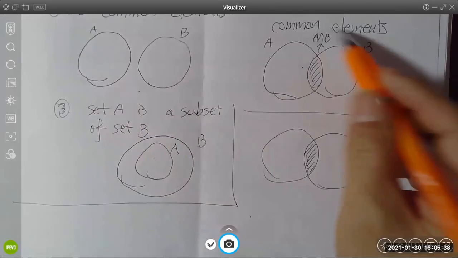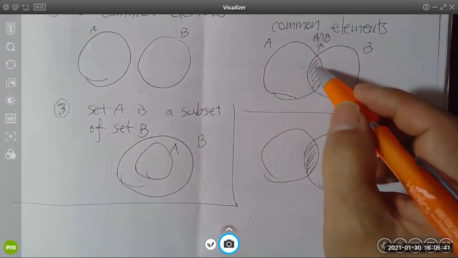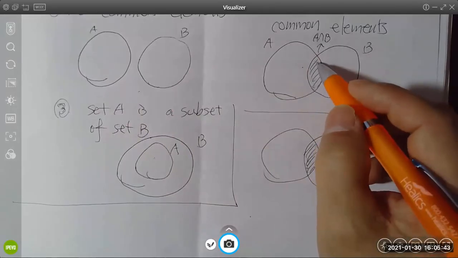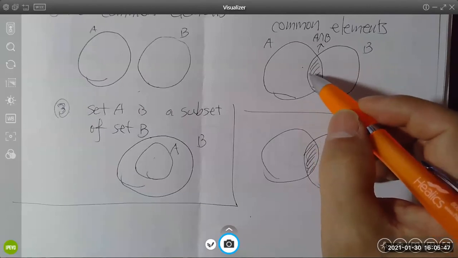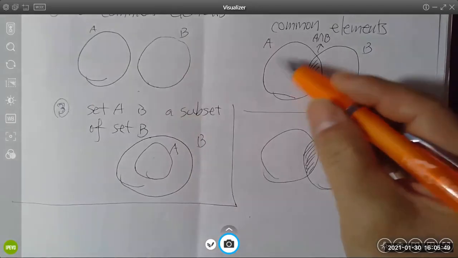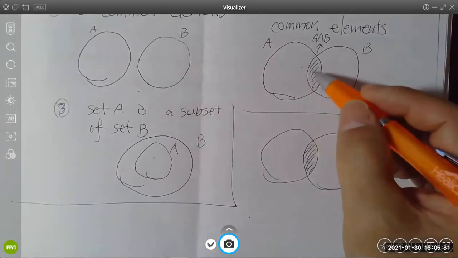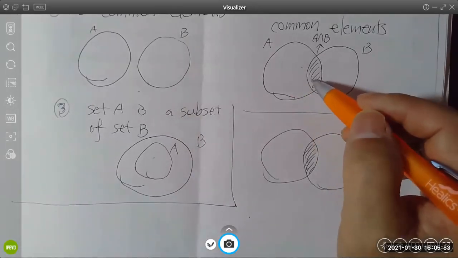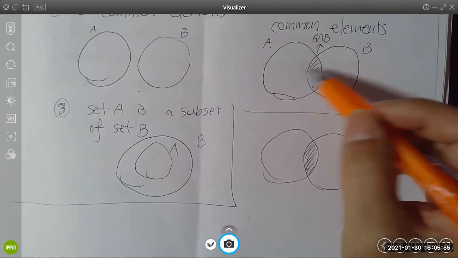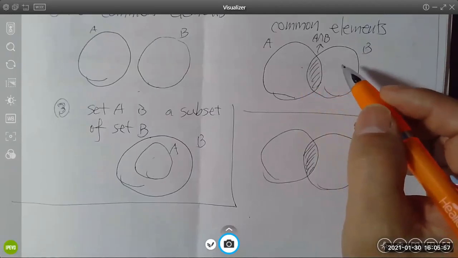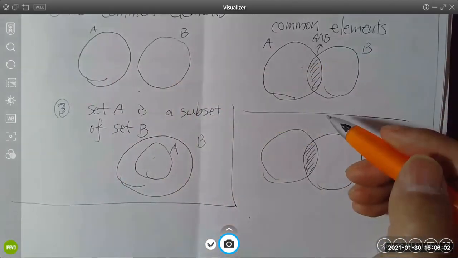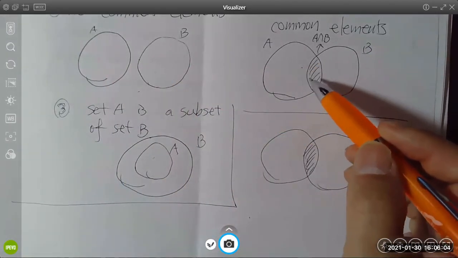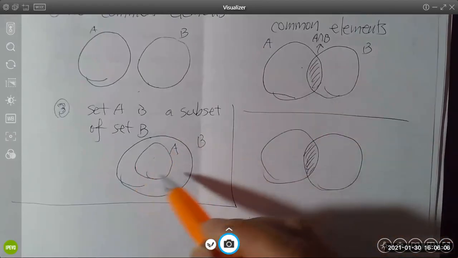So this portion represents the intersection set. If there's no element in this shaded area, that means it is equivalent to this, even though we draw it this way, but here it's empty, there are no elements in it. That still indicates that these two sets don't have anything in common, which is this.